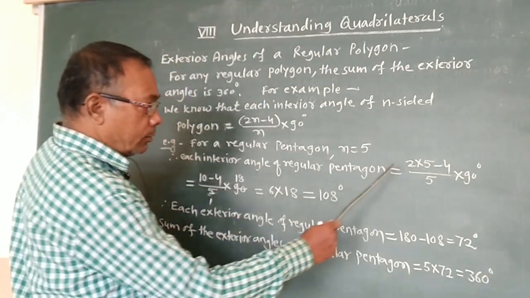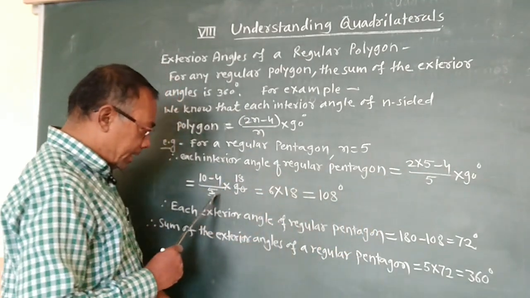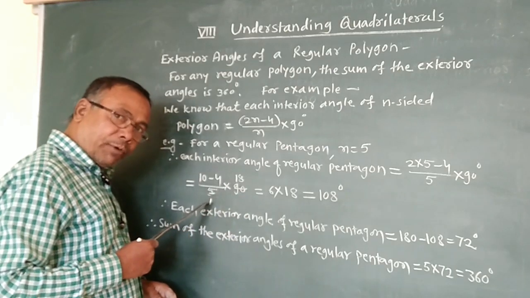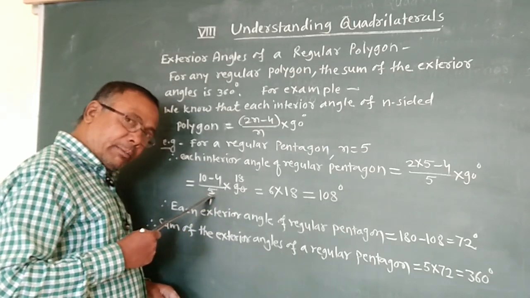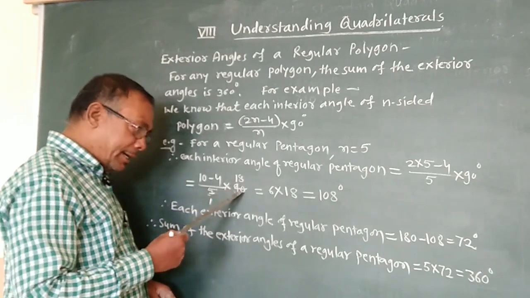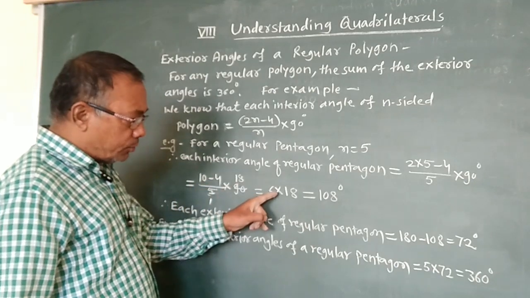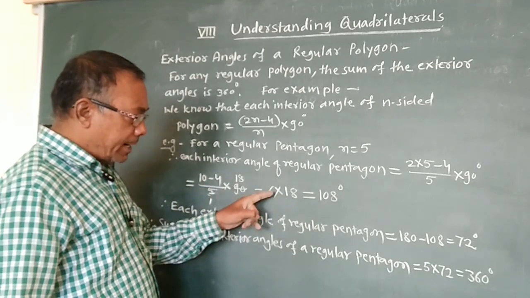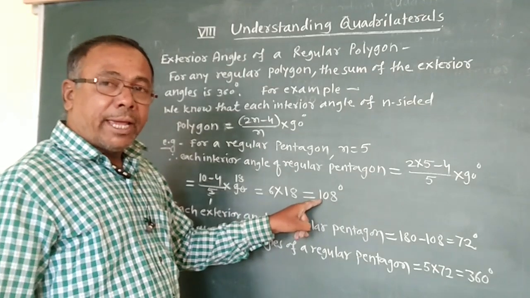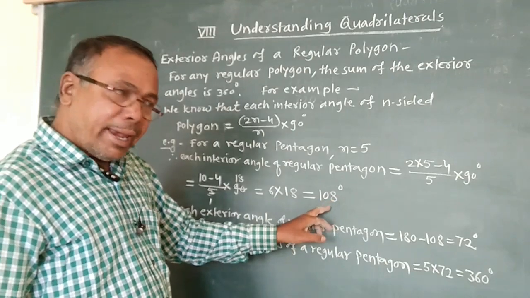So 2 fives are 10 minus 4, divided by 5 into 90. Here 90 can be divided by 5, and 18 fives are 90. Now 10 minus 4 is 6 into 18, which is 108 degrees. So each angle of the regular pentagon is 108 degrees.